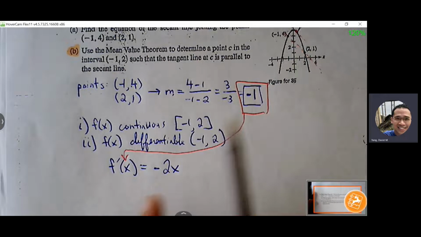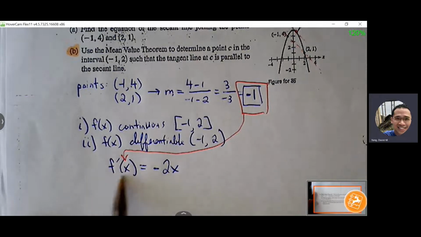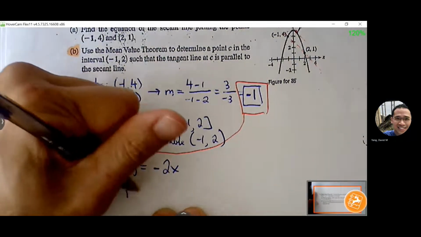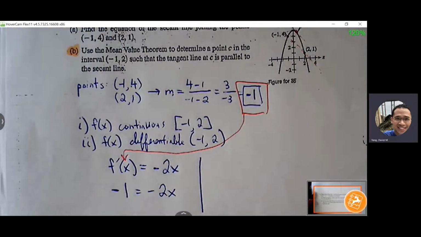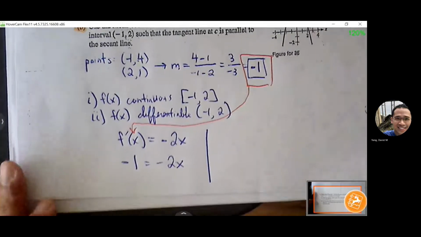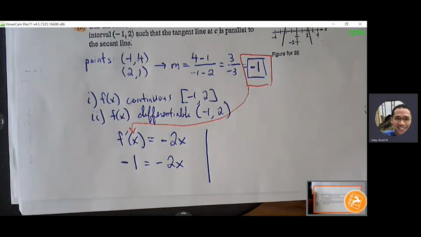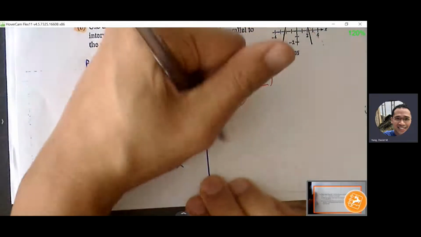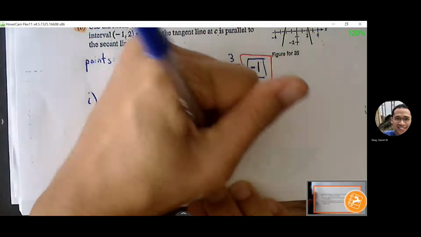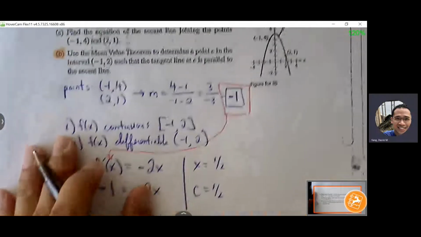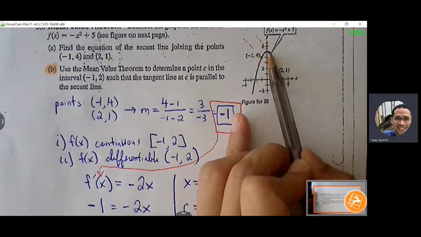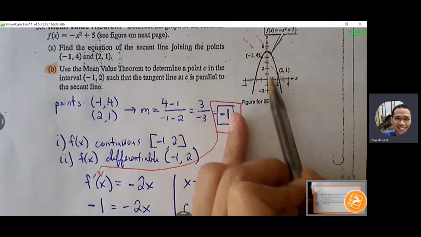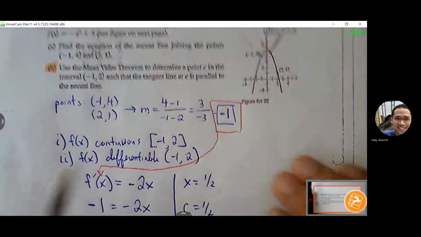You want to put the slope into the correct location. Solve for x, and what do we get? Divide by -2, x equals 1/2. That makes sense, right? You look at the graph here, it looks like it's around 1/2 when the graph reaches about that slope of -1 that we are expecting between the two endpoints.